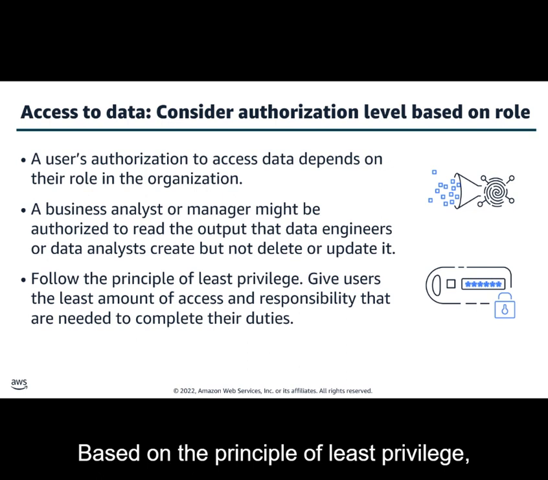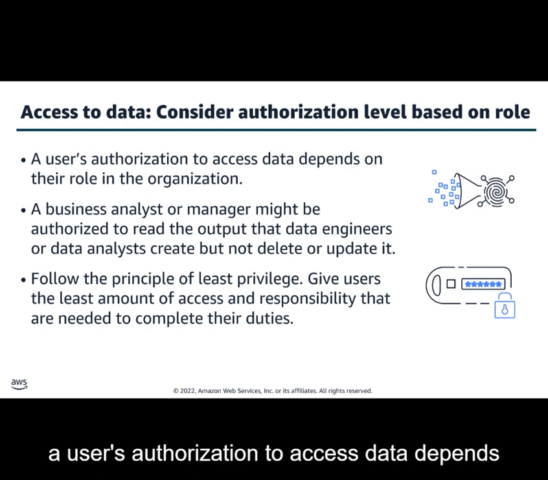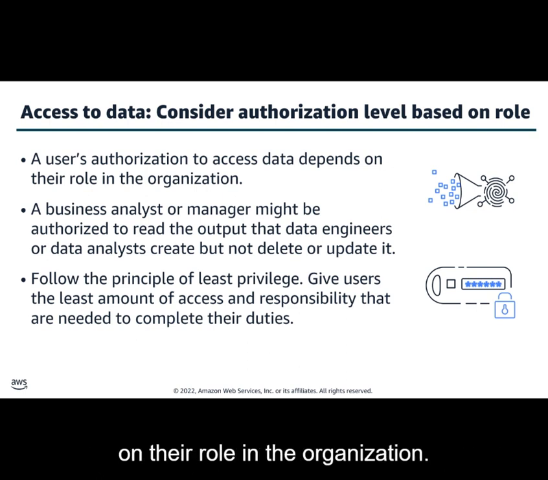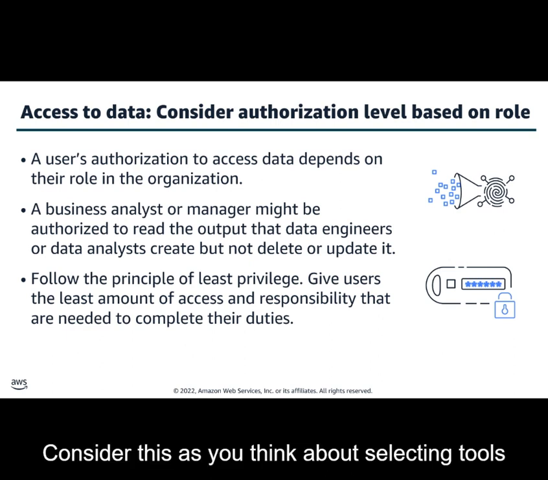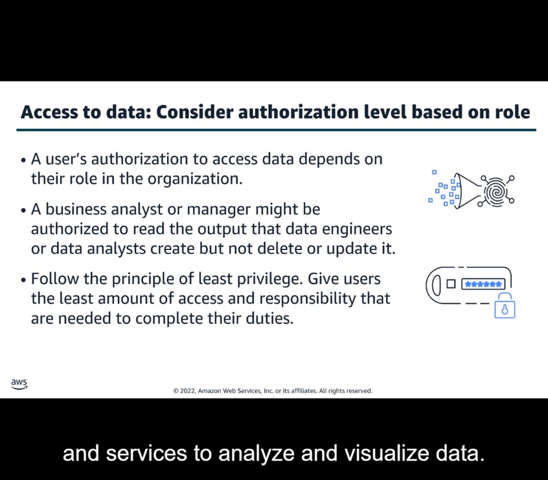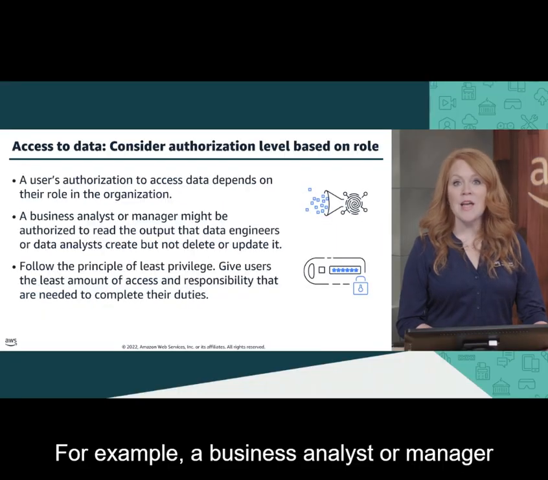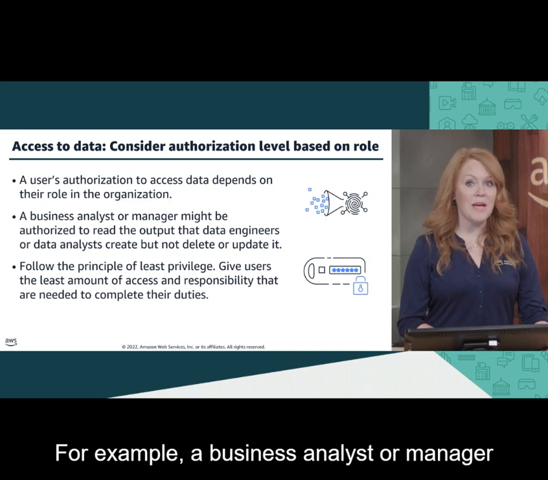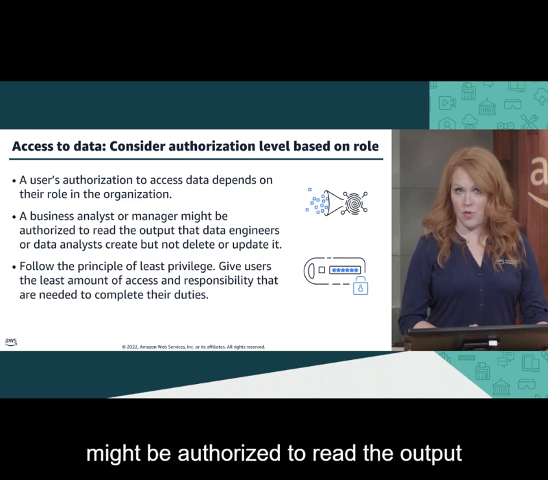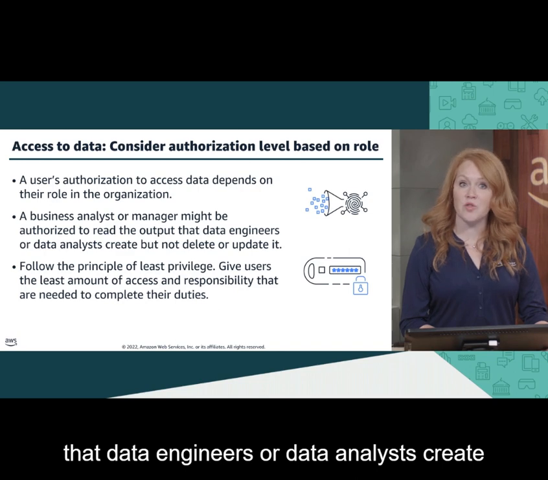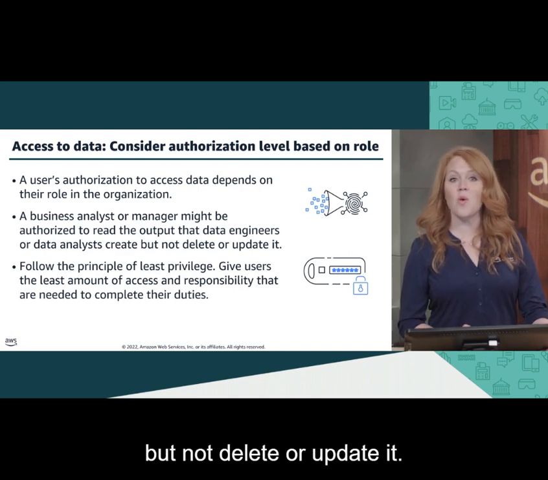Based on the principle of least privilege, a user's authorization to access data depends on their role in the organization. Consider this as you think about selecting tools and services to analyze and visualize data. For example, a business analyst or manager might be authorized to read the output that data engineers or data analysts create, but not delete or update it.